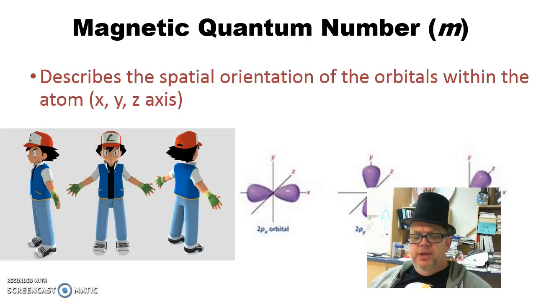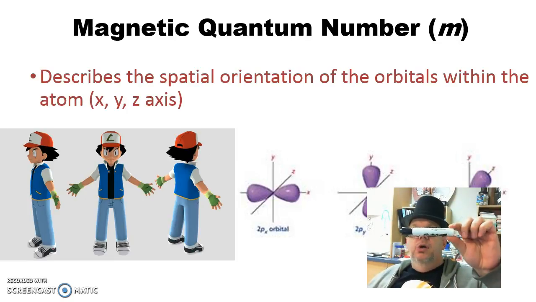Well, wait a minute. What do you mean by spatial orientation? What if I took an object that everybody would know, like this dry erase Expo marker? If you notice, I'm holding it in the upright position. This is one way to look at it. It's standing straight up. Here's another way to look at it. It's lying on its side.